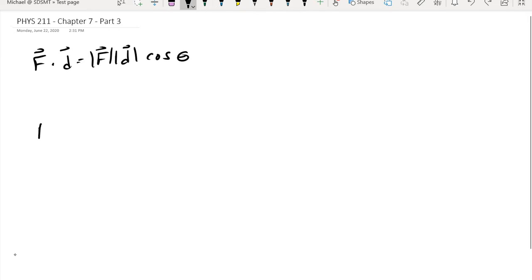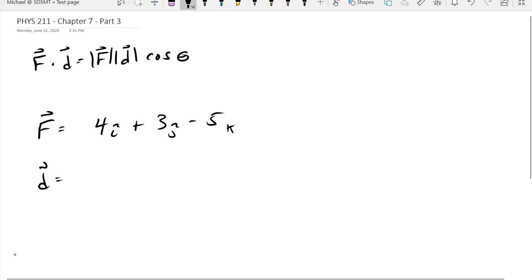In other words, what if the force and the displacement vectors were described using component values? And these force and displacement vectors are 3D vectors. So our force vector could be three-dimensional, as could our displacement vector. And I'm just throwing in random values for each of these.